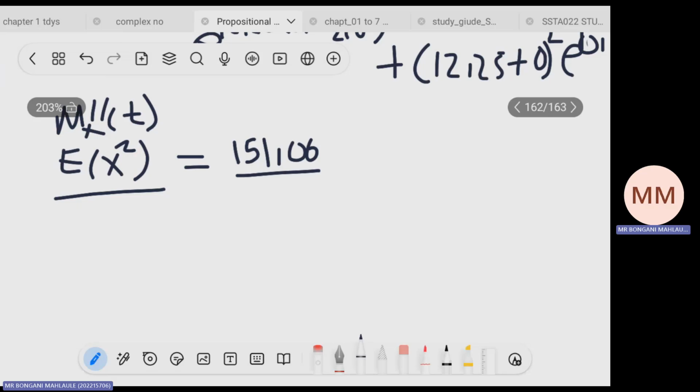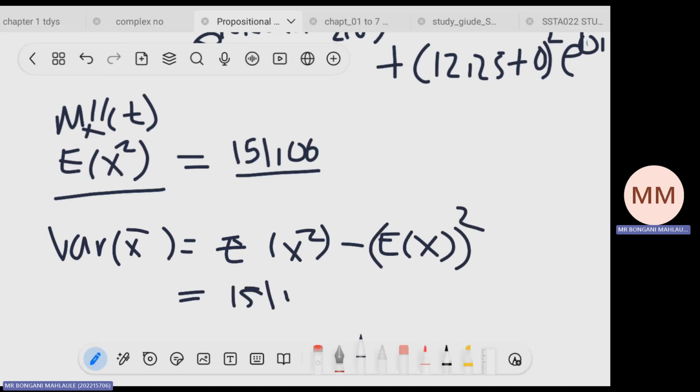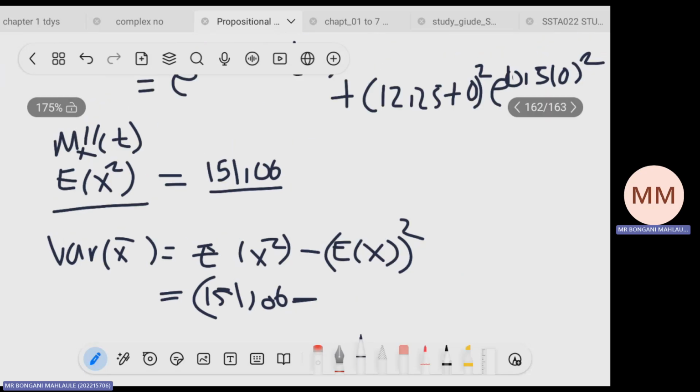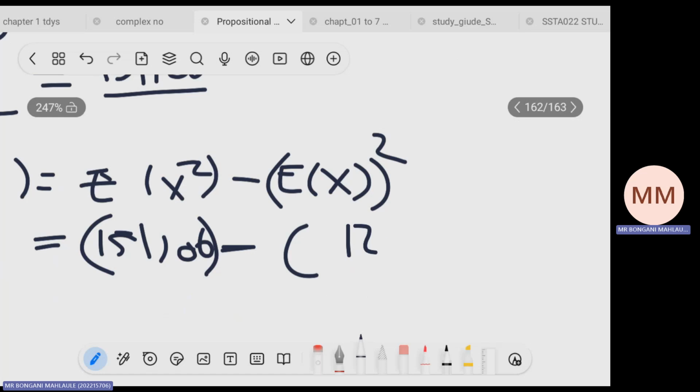So now you will say variance equals, you write this and then you substitute. Obviously we know our variance is 12,25.